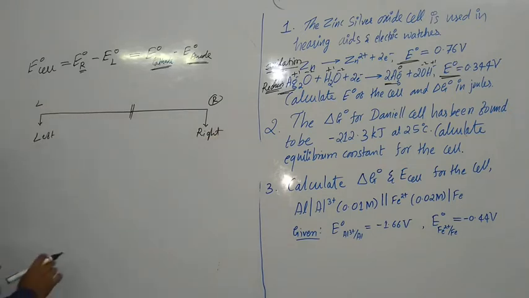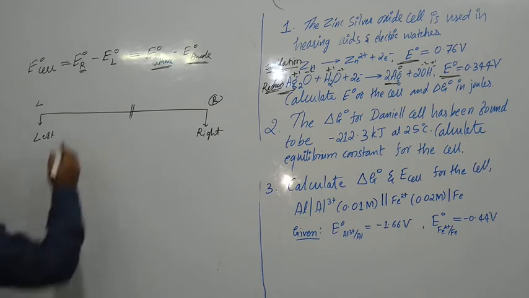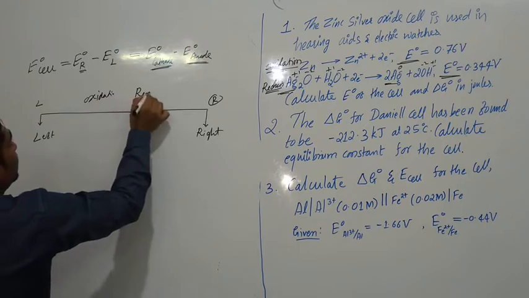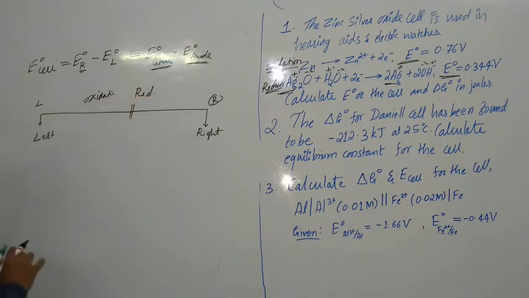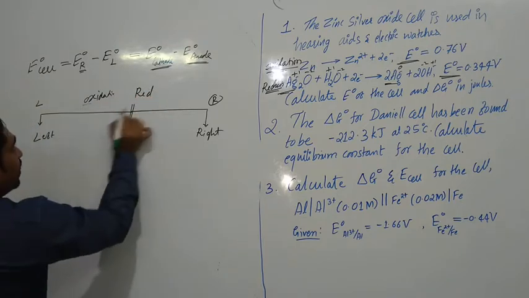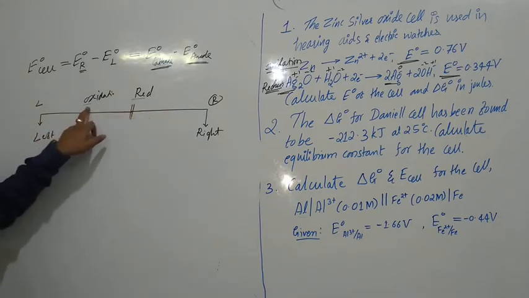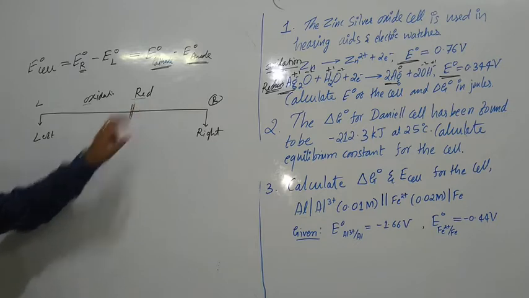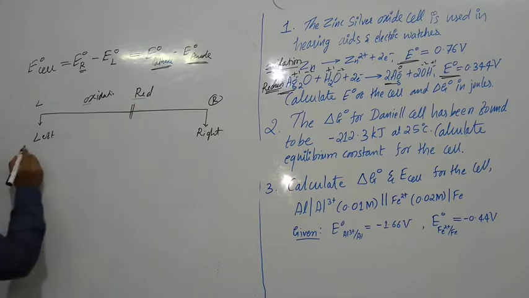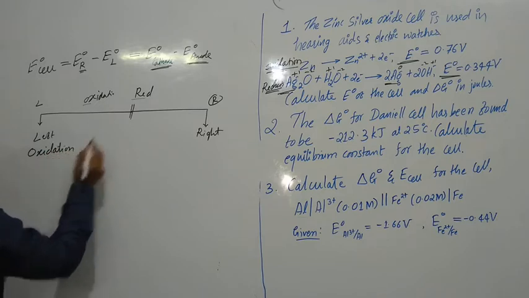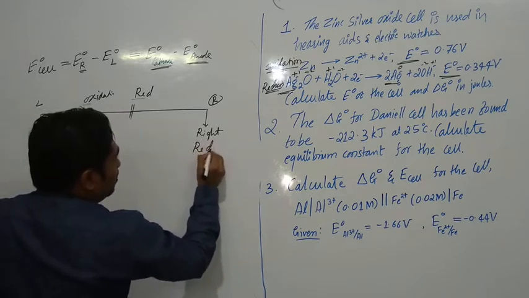In oxidation and reduction, I don't know where oxidation takes place and where reduction takes place. So let us consider the first letters, O and R. Alphabetically O comes first, then R. So here oxidation, here reduction.